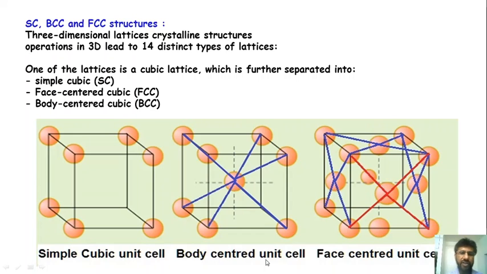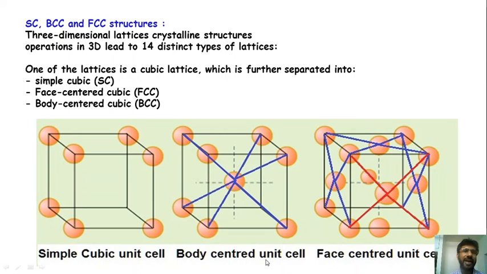In one of the lectures we have seen the different types of the Bravais lattices. We have seen the 7 groups, and in those 7 groups, in 3-dimensional structures, there are 14 distinct types of lattices.